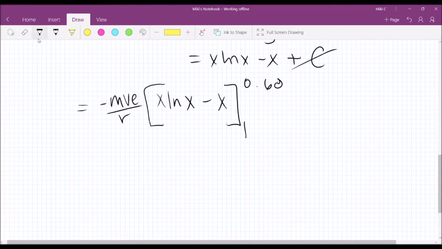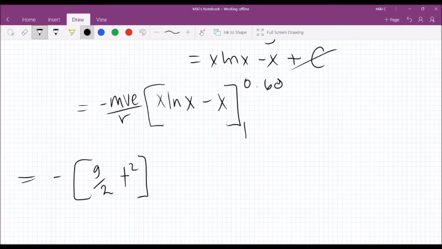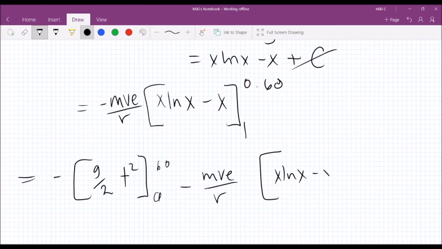So what we're going to end up with is our total equation equal to negative g over 2 t squared from 0 to 60 minus m v e over r of x ln x minus x from 1 to 0.68.